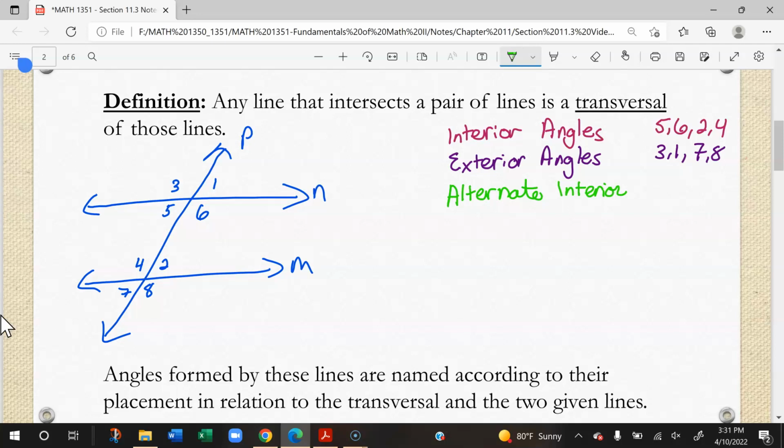So not right next to each other, they can't be adjacent in any form. So 4 and 5 are adjacent, 5 and 6 are adjacent, so 5 and 2 are alternate interior angles. 6 and 4, they cross over that transversal line. So 4 and 6 are alternate interior angles.